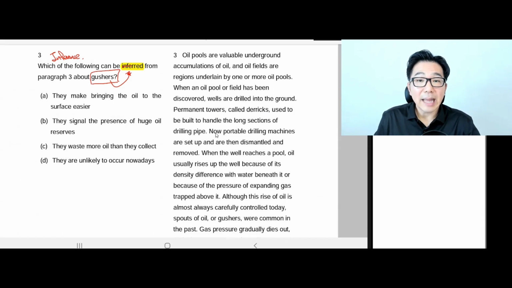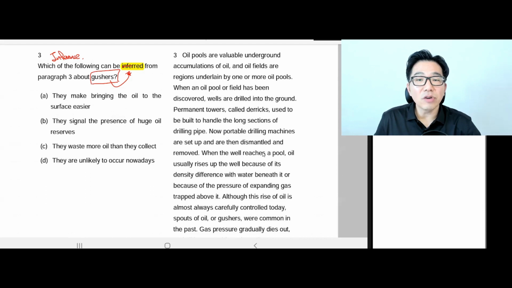Now, portable drilling machines. So it's no longer permanent. Portable is an antonym to permanent. So portable drilling machines are set up to drill, get the oil, and then dismantled, broken apart, destroyed and removed. Minor information. So there used to be permanent towers to drill the oil pools in the past, but now they do use the portable machines.